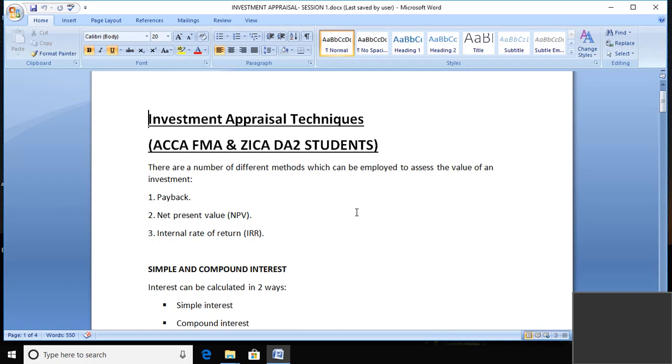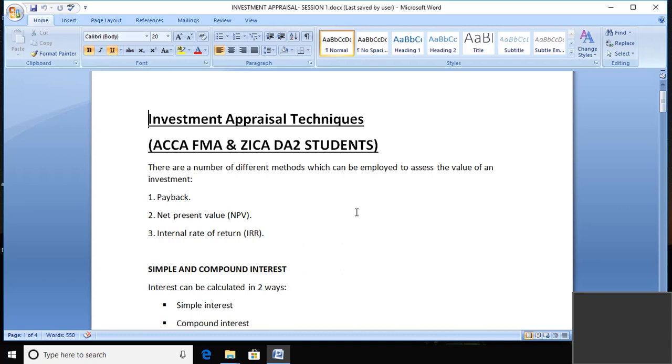If you have different mutually exclusive projects and you need to choose one of them, then you go for the project with the highest net present value, because that will be considered the most profitable investment. The third technique is called the internal rate of return.